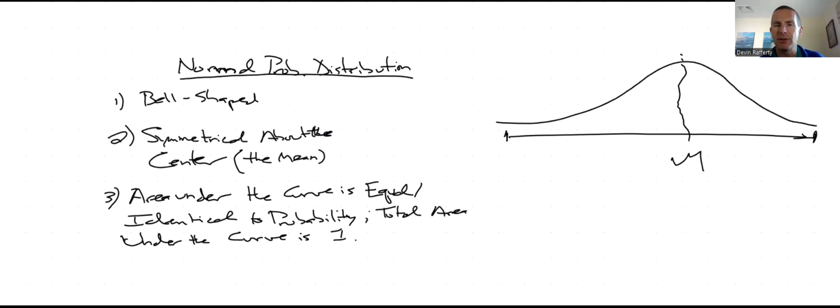The reason why that matters so much, let's just pretend that this is 100 right here. Let's say that on average, IBM stock is $100.